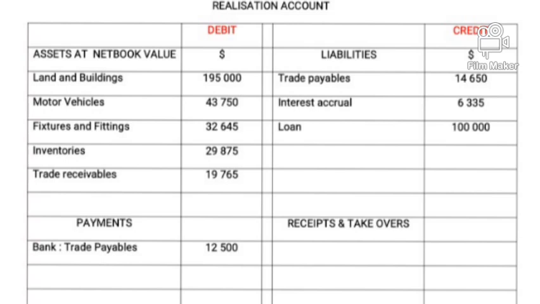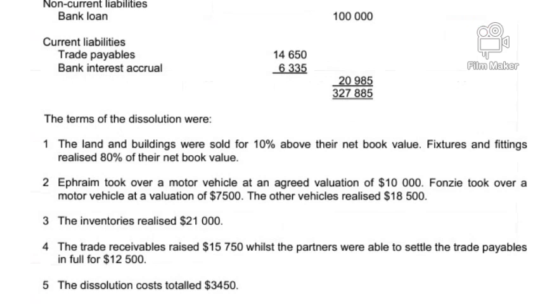We are now moving on to interest accrual and bank loan. Nothing was mentioned about interest accrual and bank loan under additional information. But the fact that all liabilities must be paid off means that I am going to settle both interest accrual and bank loan using the balance sheet figures.